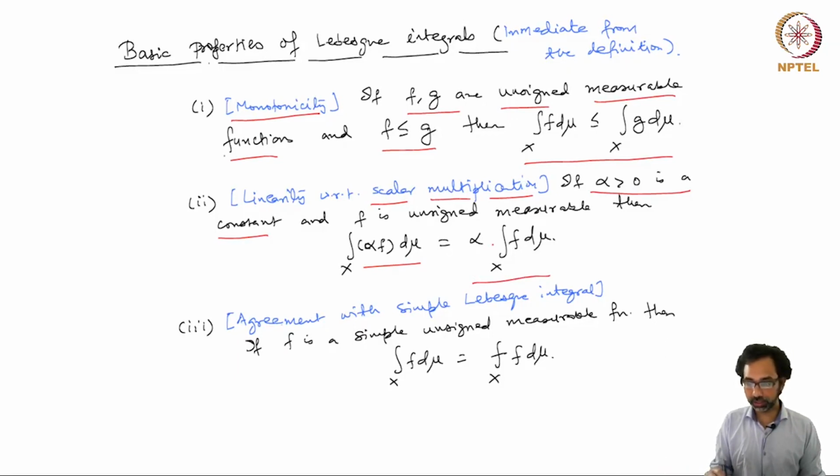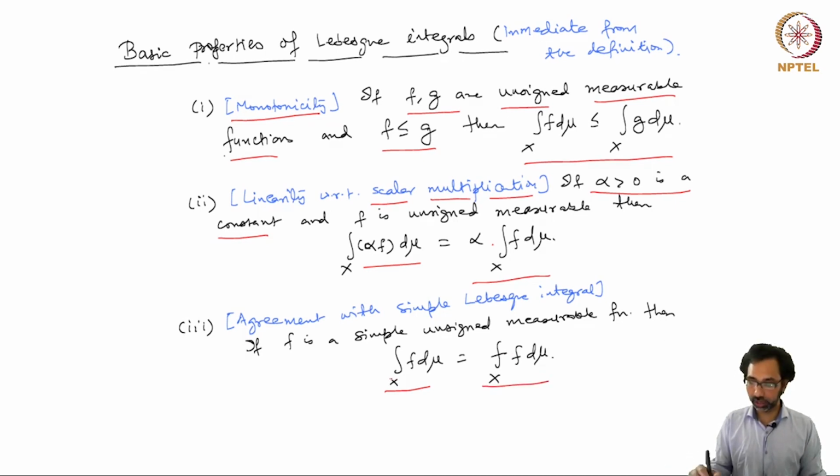And the third is the agreement with the simple Lebesgue integral, which says that if f is a simple unsigned measurable function, then the Lebesgue integral as we have defined it is equal to the simple integral.